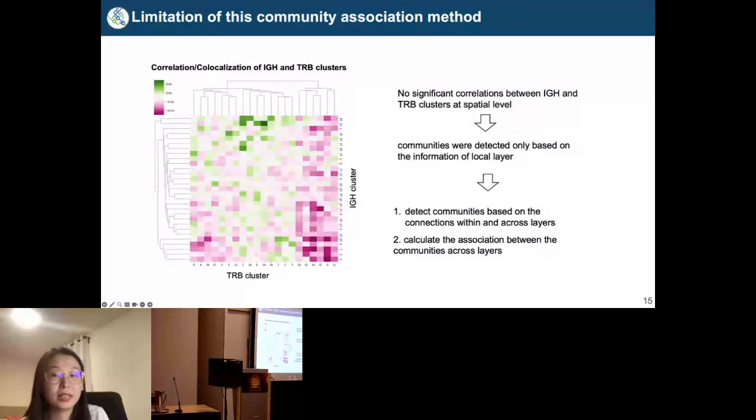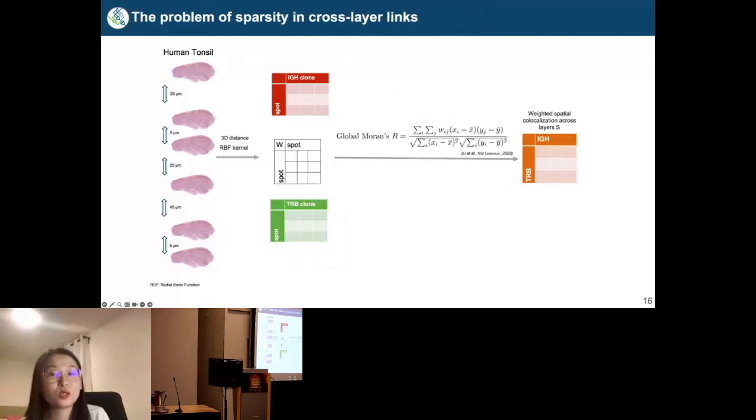Therefore, we need a strategy which is able to detect the communities based on the connections within and across layers, and also calculate the association between the communities across layers. We then need to go back and consider how to solve the problem of low overlap between the IGH and the TRB layers due to the sparsity of the count data.